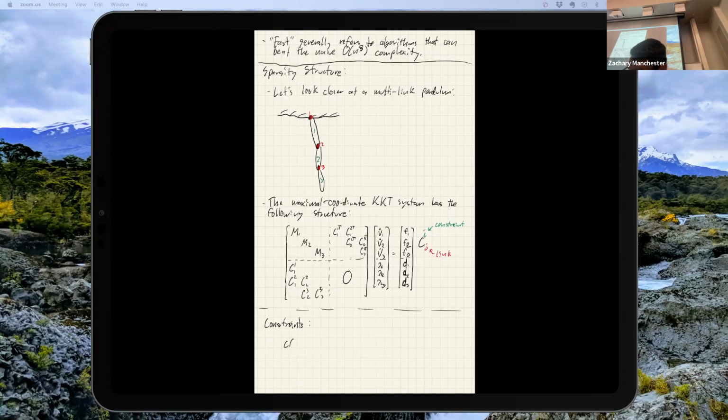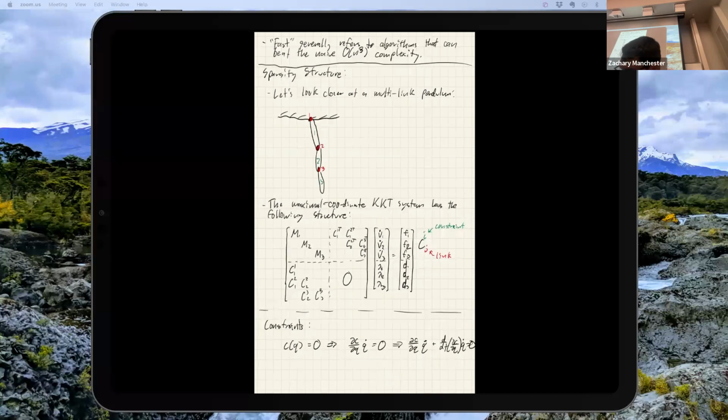So you start with C of Q equals 0, then you get partial C, partial Q, Q dot equals 0, then you get partial C, partial Q, Q double dot plus d/dt of partial C, partial Q, Q dot equals 0. And then this is C, and this is minus D, I guess, from up there.